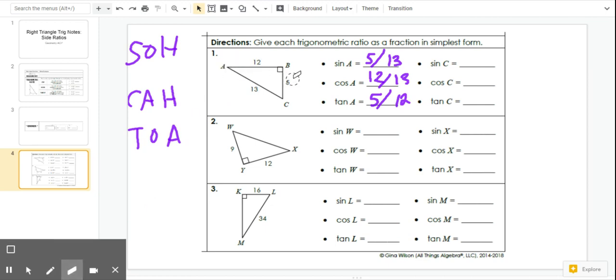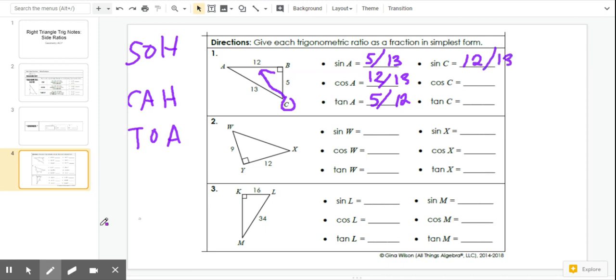Then we're going to look at angle C now. Angle C is right here. Sine of C is opposite over hypotenuse. Opposite is 12. The hypotenuse is still 13, that never changes.